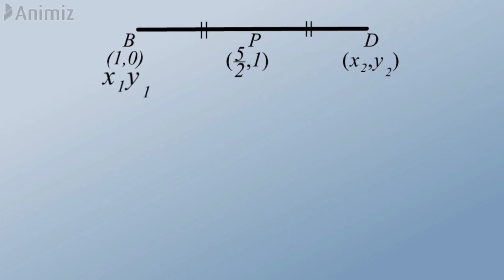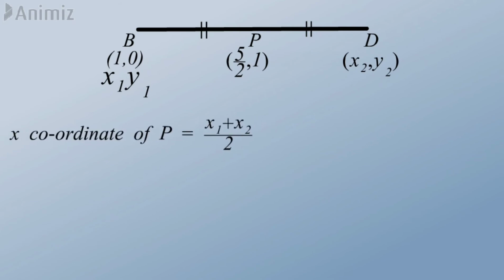Now P is the midpoint of the other diagonal BD also. I know the coordinates of B as 1 comma 0, which I will consider x1, y1. The coordinates of D are unknown, so I will consider it as x2, y2. Now the coordinates of P we have already calculated.